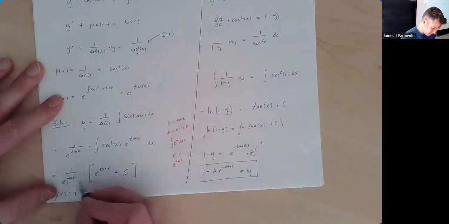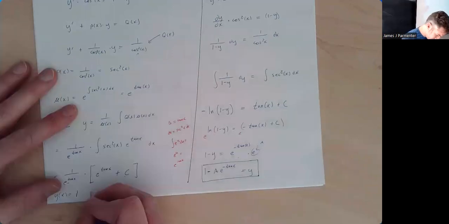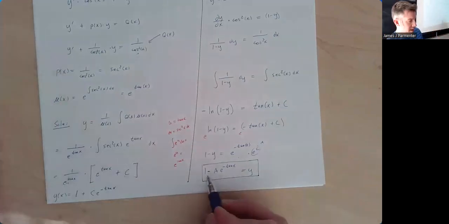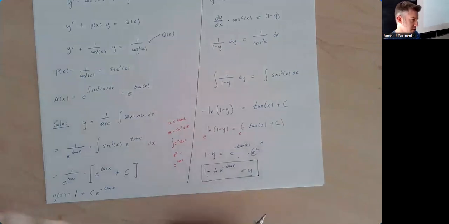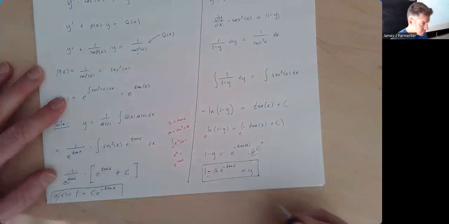And 1 over e to the tangent times c is c e to the negative tangent. And you can write plus or minus. It doesn't matter what you write there. You could have written a plus here because, right, it's a constant. You can change it. So these answers are the same. Kind of cool.